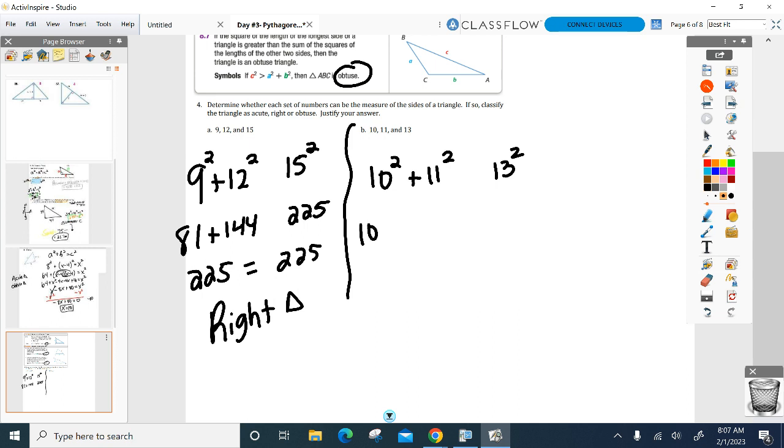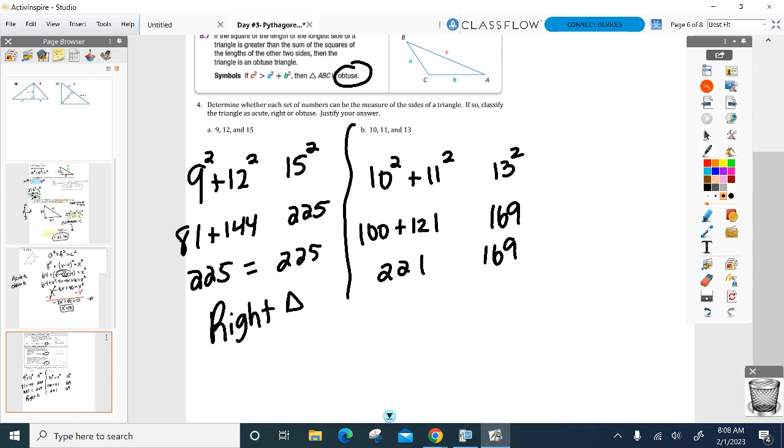What do we got? 100 plus 121. How does that compare to 169? 221 and 169.